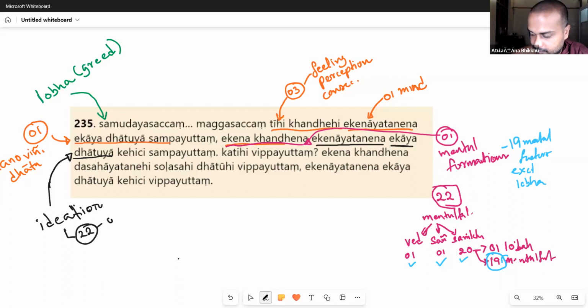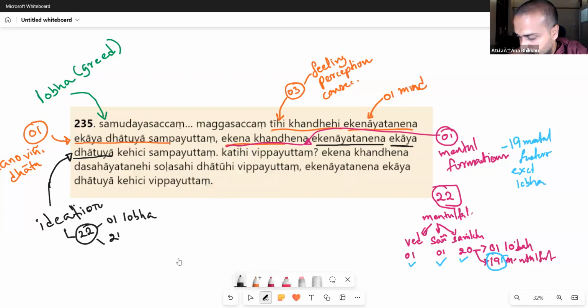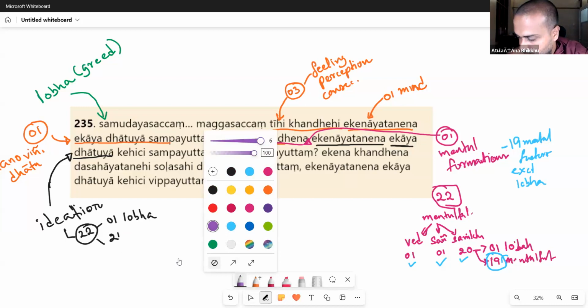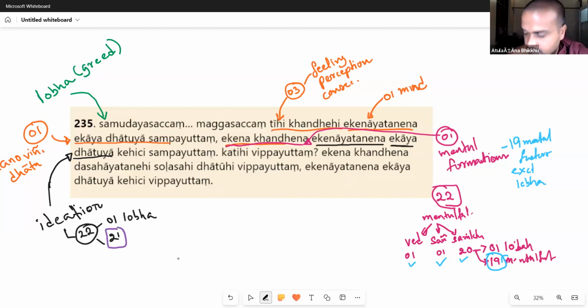One is lobha, and the other 21 become the keichi sampayutta, partially associated with the elements and the bases.